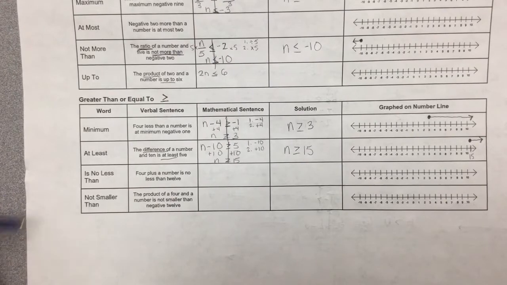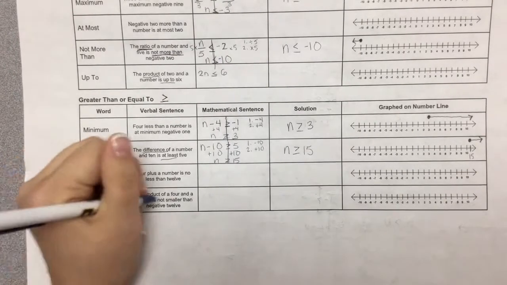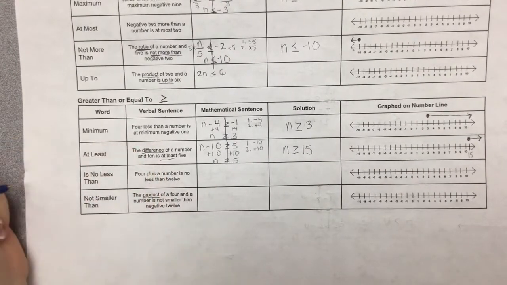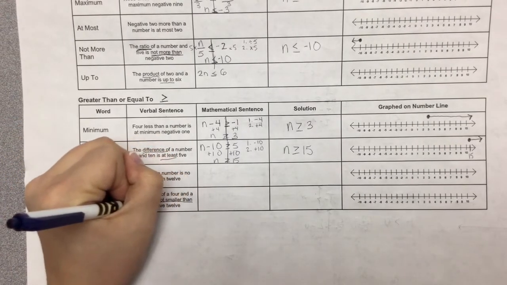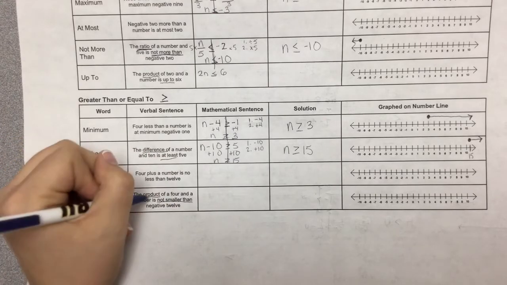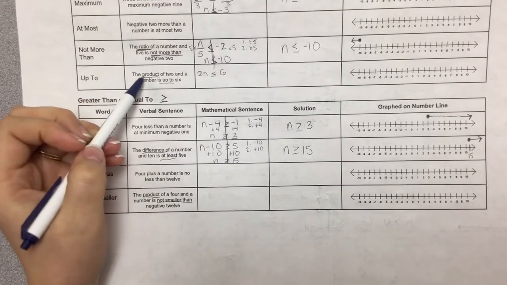All right. I'm going to let you do the third one, and I'm going to set up the fourth one. The product of 4 and a number is not smaller than -12. Product. We talked about that up here.